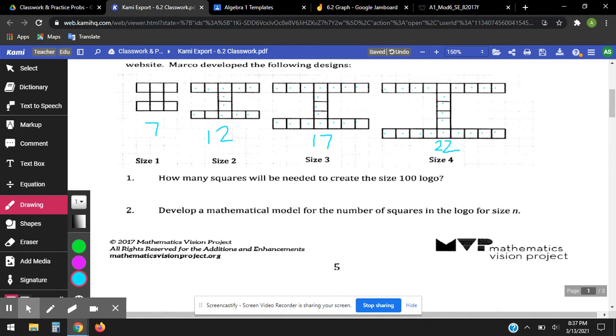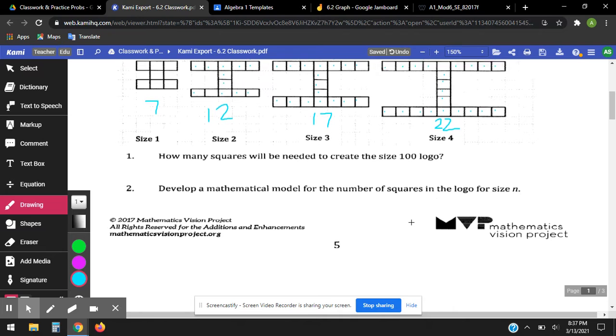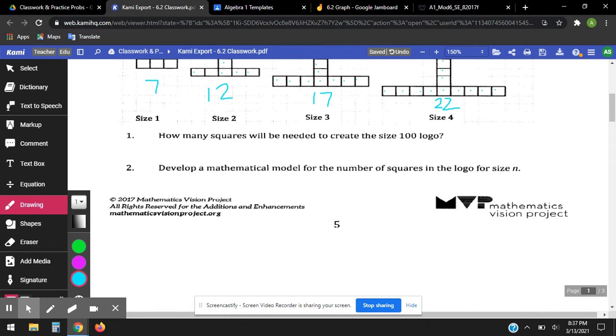So let's develop a mathematical model for the number of squares in the logo. I'm going to make a little table down here. My first one has 7, second one has 12, third one has 17, fourth one has 22. If I'm looking for patterns, that's a plus 5.